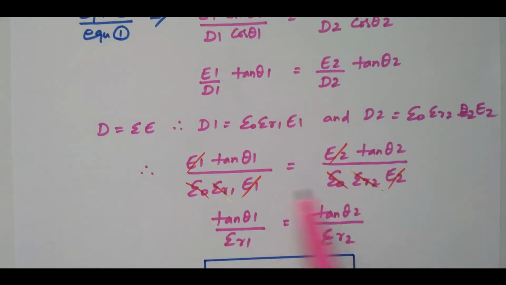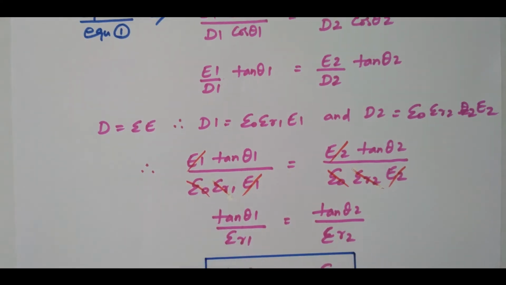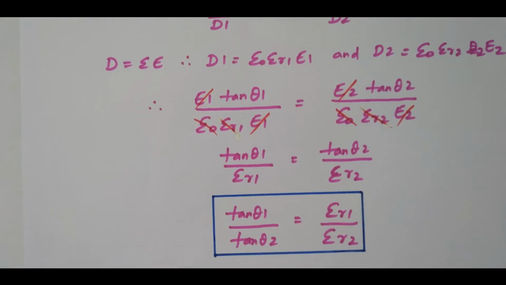So epsilon naught is available in both, that gets cancelled. E1 and E2 get cancelled. So tan theta 1 divided by epsilon R1 equal to tan theta 2 divided by epsilon R2, right? So from this relation we can write tan theta 1 divided by tan theta 2 equal to epsilon R1 by epsilon R2.